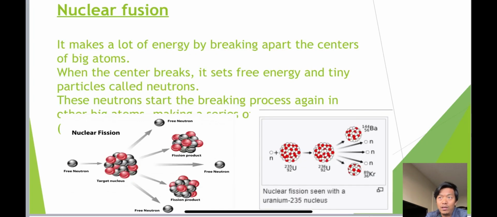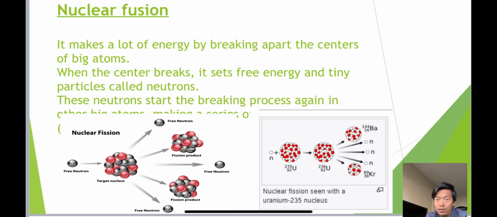We can see in this figure the occurrence of nuclear fission. It makes a lot of energy by breaking apart the center of a big atom.